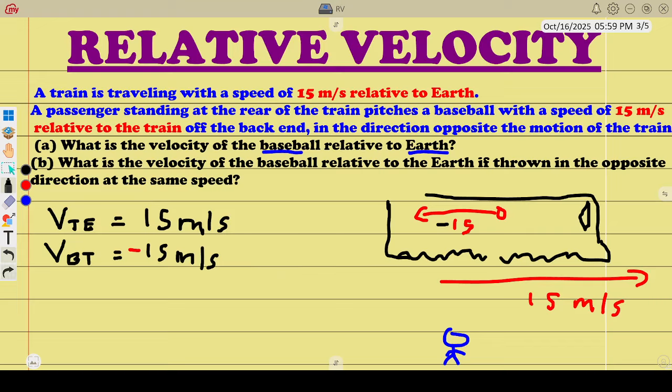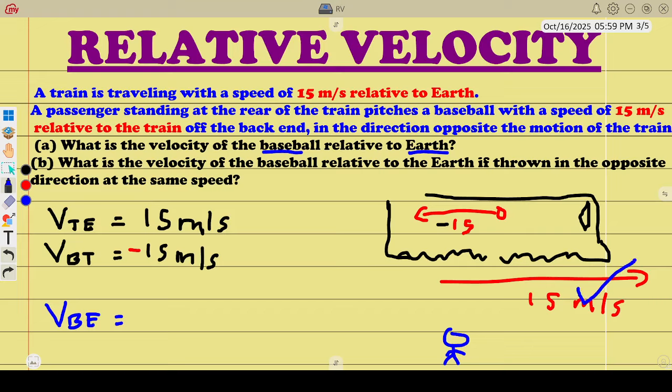So what we do, we just simply say, so this is the relative velocity of the ball comparing it to the earth. So we just add the 2. For this one, this person is trying to observe what is happening. What you can understand here is that this person is seeing 2 speeds.